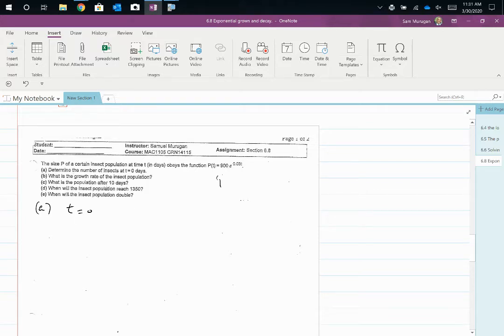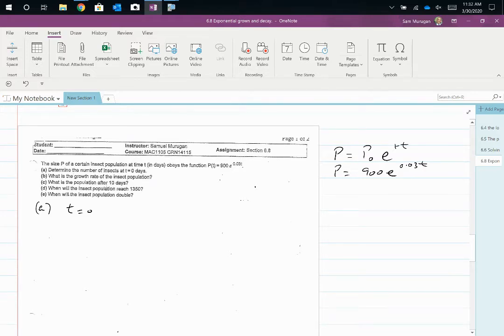Remember our formula here. Let me write it on the side here. P is equal to P0 e to the power rt. And if we look at the equation we're given, P is equal to 900 e to the power 0.03t.